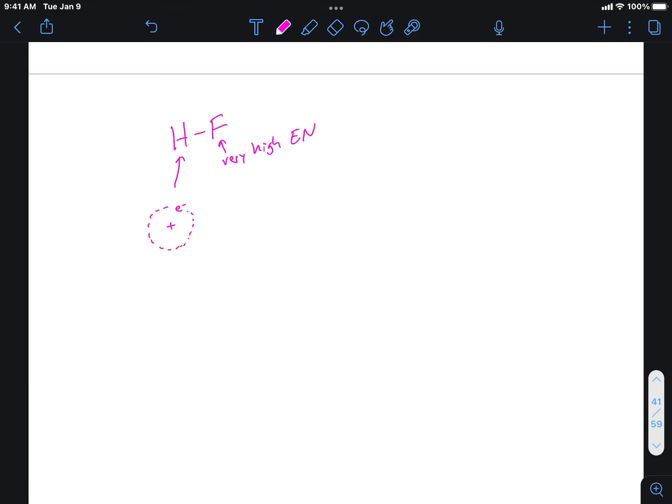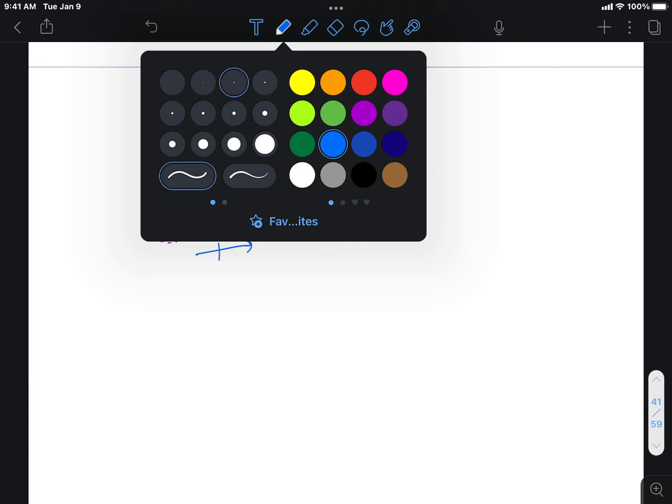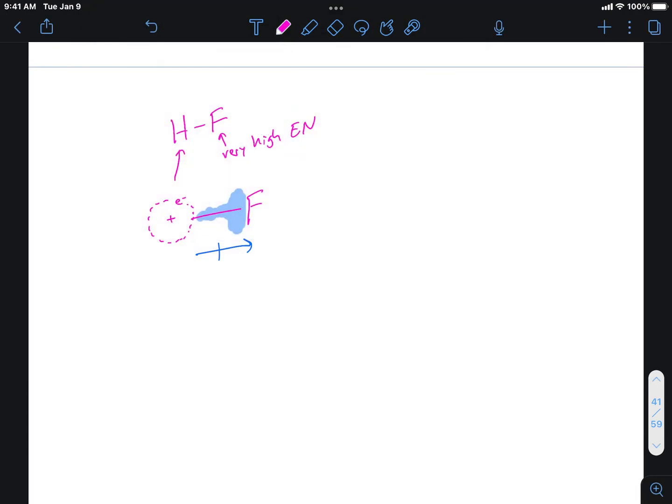One proton, one electron, that's it. So when fluorine bonds with hydrogen, the fluorine's electronegativity draws the electron towards it to the extreme. So what that means is the fluorine has the electron virtually all of the time.